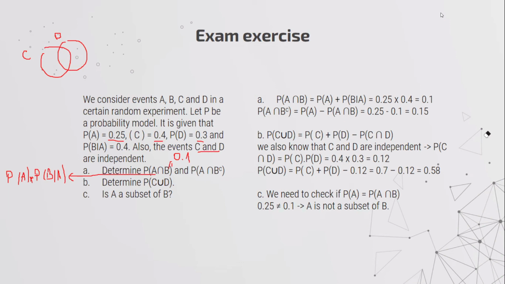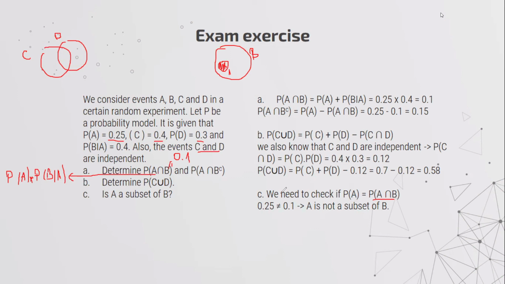And the last question, it asks us about subsets. If A is a subset of B, let's imagine that's B, and A is a subset, it should be inside. That means the intersection between A and B, which is that part here, should equal A, because that is a subset that's inside B. And we can check that.